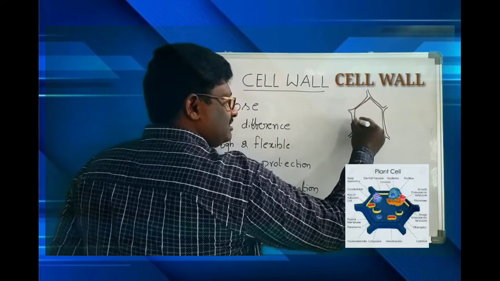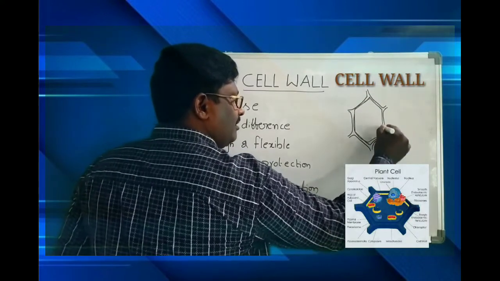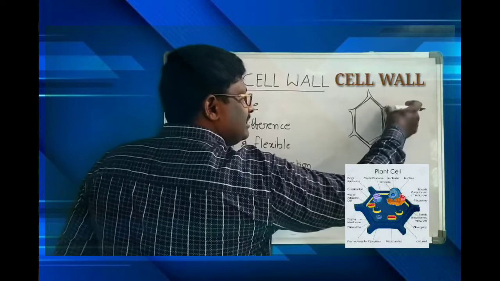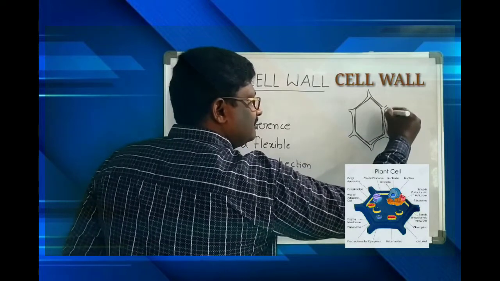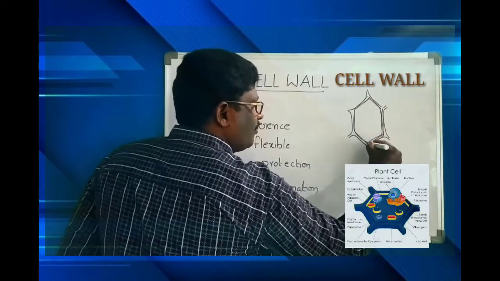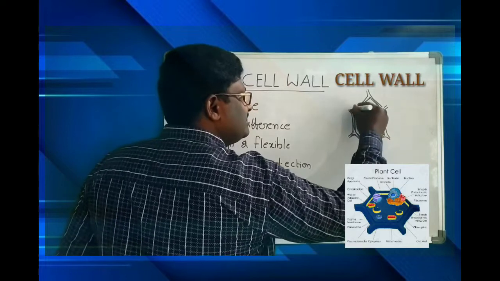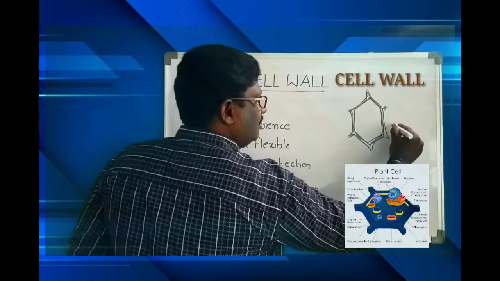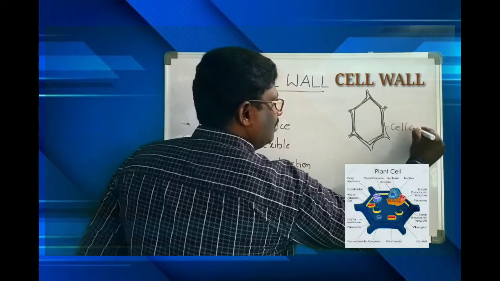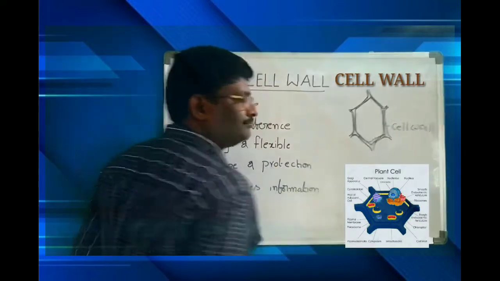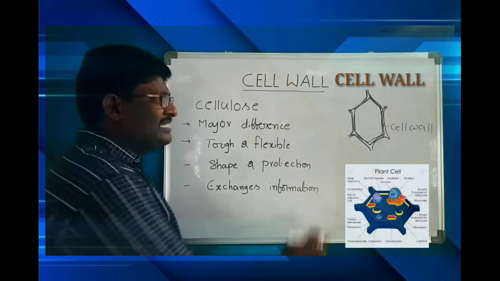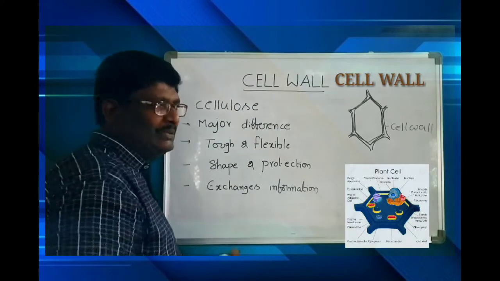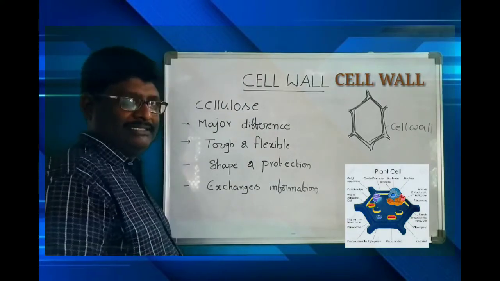This is called cell membrane. But this is called cell wall. What is this? Cell wall. But the cell wall we can't see in the animal cell.